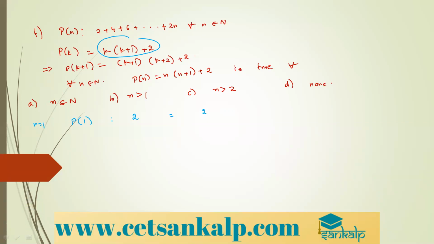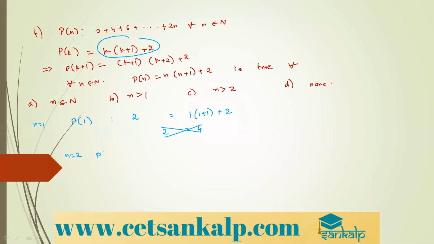Right side also, I will put and see whether I will get 2 or not. One by one I will put. So I'll put 1 into (1 plus 1) plus 2. So I am getting 4 here. I am not getting 2. So for 1, it is not true.